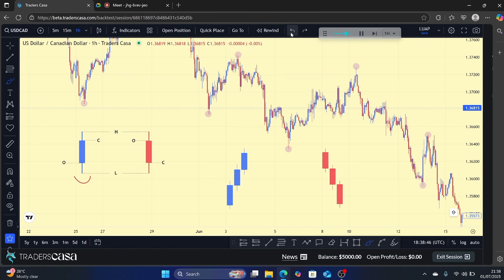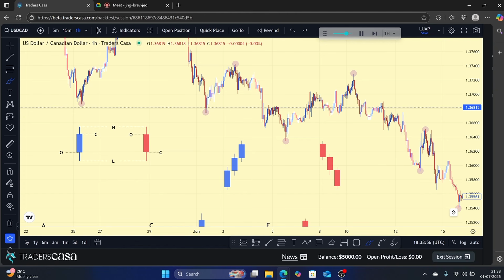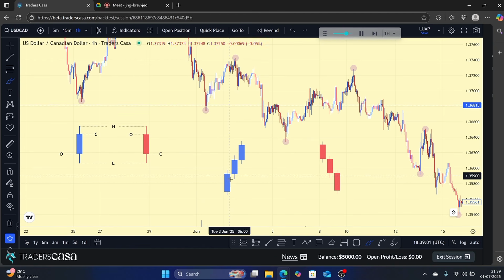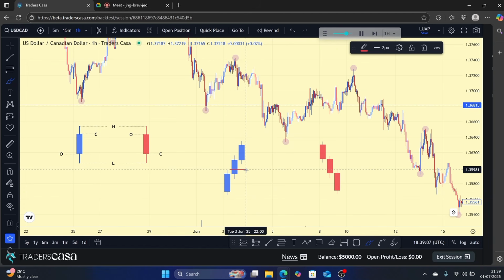Right, so now I will go into the candlestick based uptrend and candlestick based downtrend. This one here is the candlestick based uptrend, where price is printing consecutive bullish candles, and this is the highest point reached by that candle.